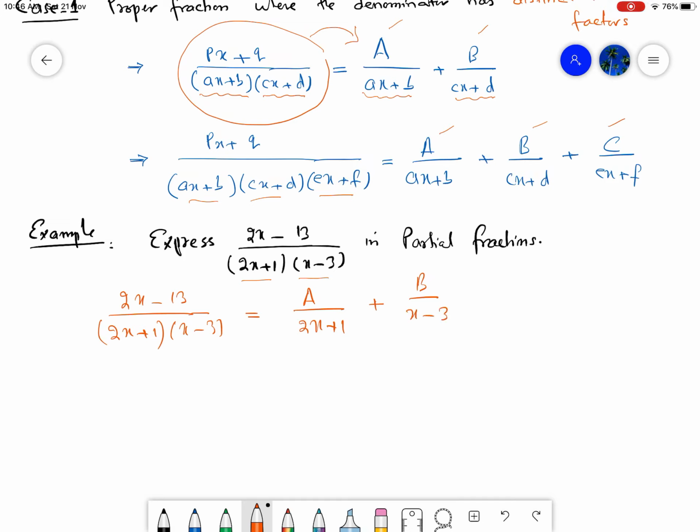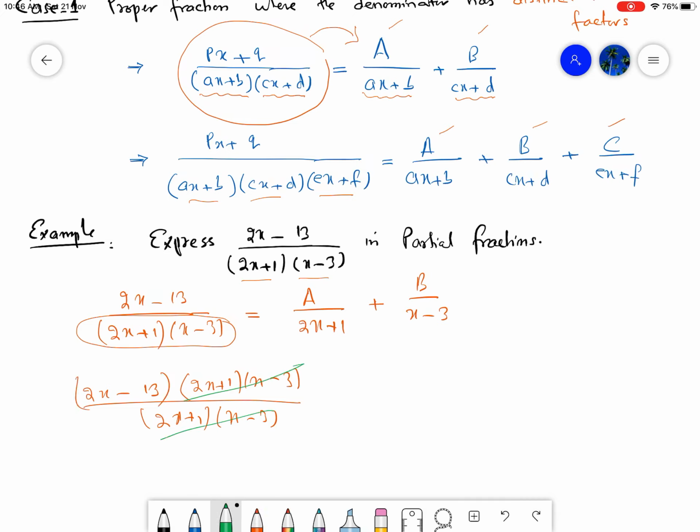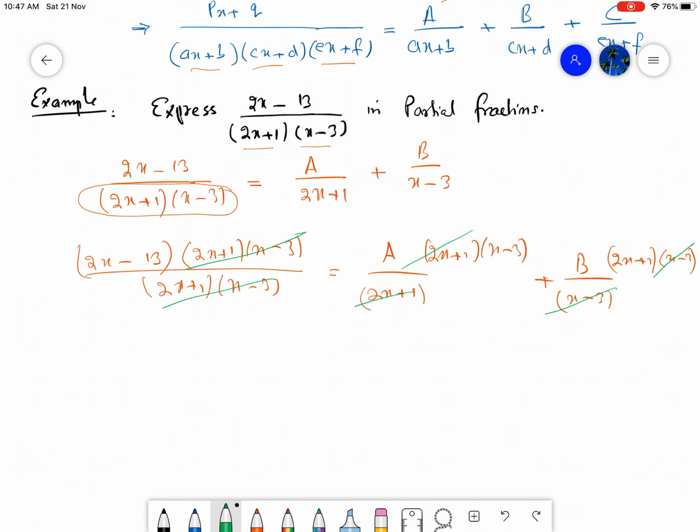Then in the next step, multiplying out each and every term by the denominator. The (2x plus 1)(x minus 3) cancels on the left, and on the right, 2x plus 1 cancels in the first term and x minus 3 cancels in the second.